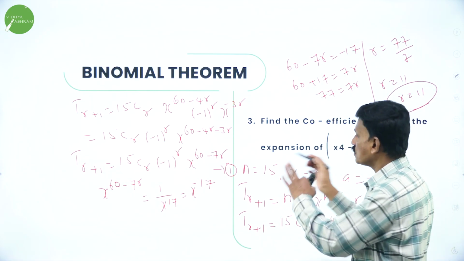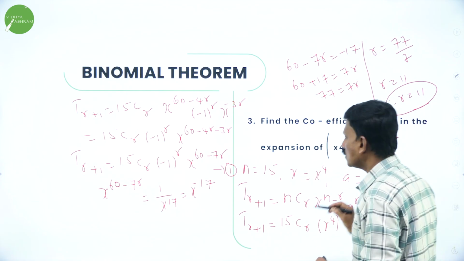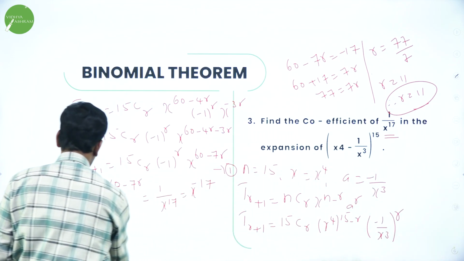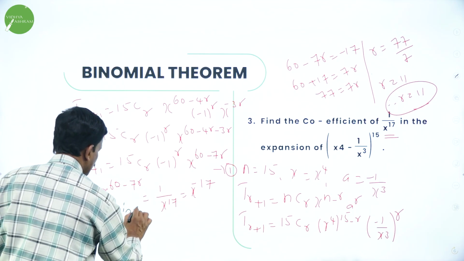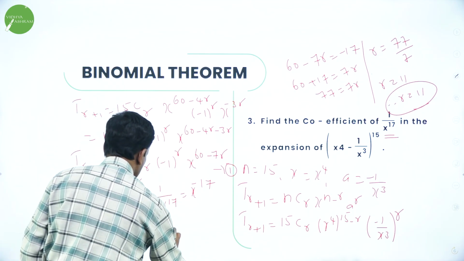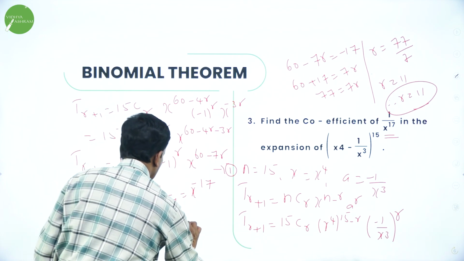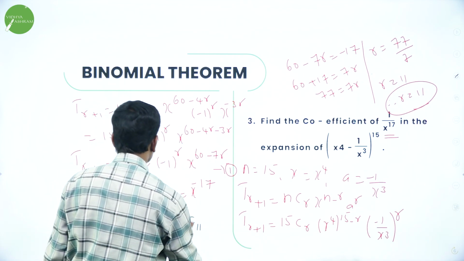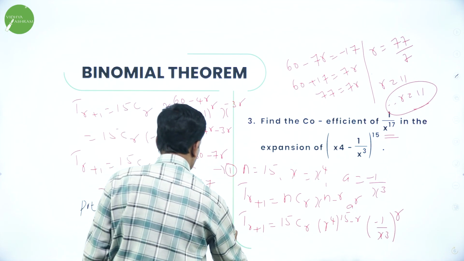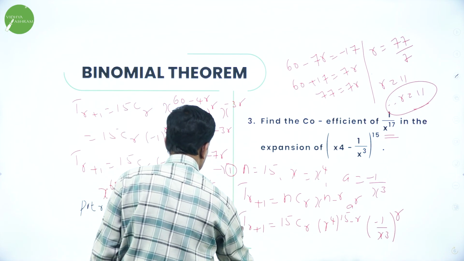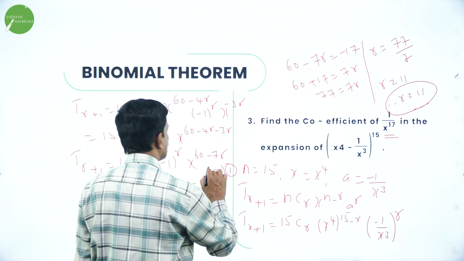Just put r is equal to 11 in equation number 1. That's it. So put r is equal to 11 in 1. So what happens? 11 plus 1 is 12. T12 is equal to 15C11 minus 1 to the power of 11 into x to the power of 60 minus 7 into 11.